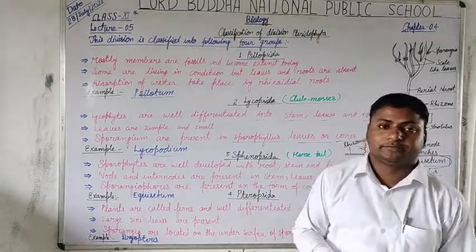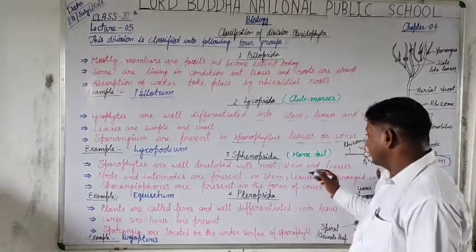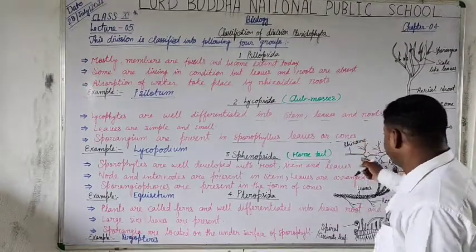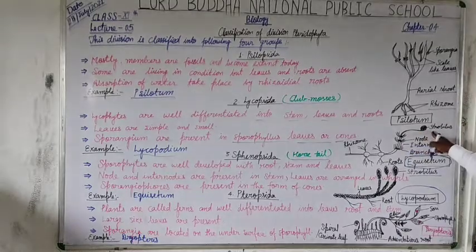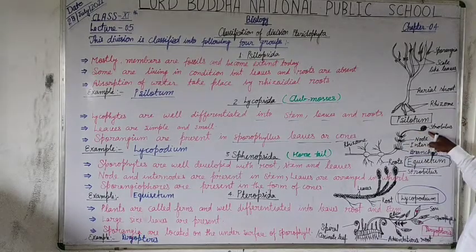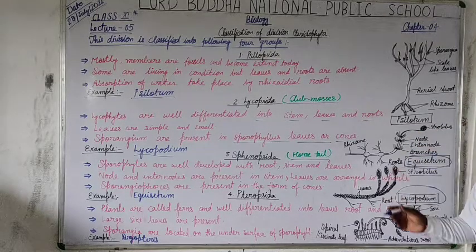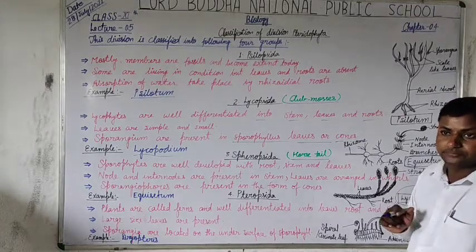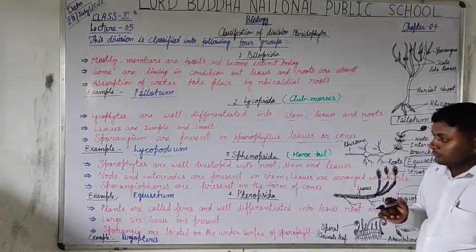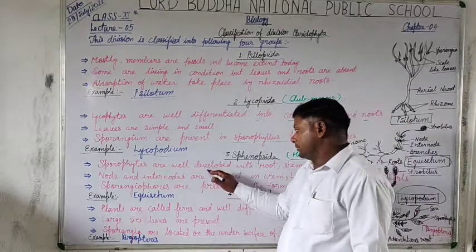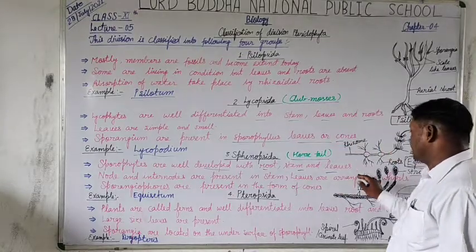Now next is the Sphenopsida or Sphenophyta. They are commonly called horsetails. As you clearly visualize, the strobilus with a stalk-like structure just appears like the tail of a horse. So sporophytes are well developed with root systems and leaves.